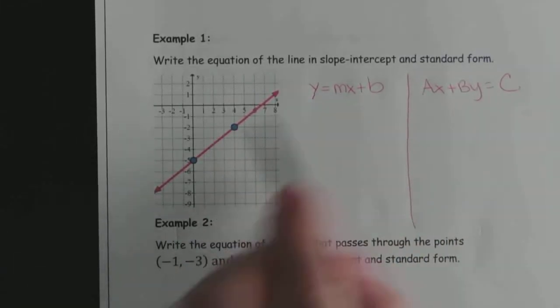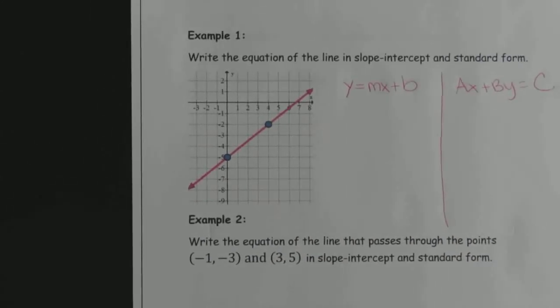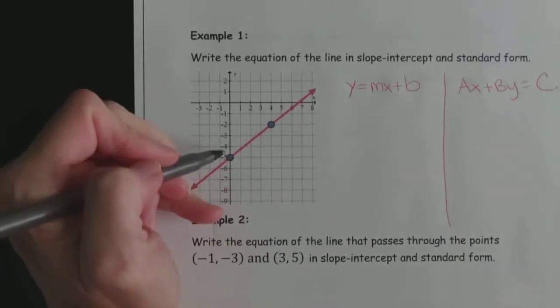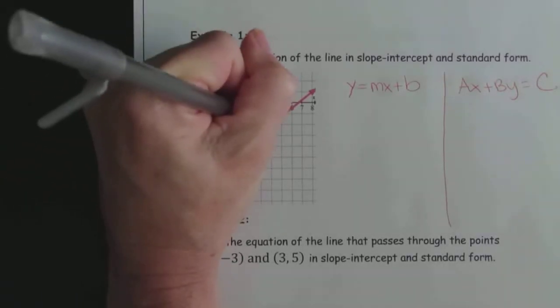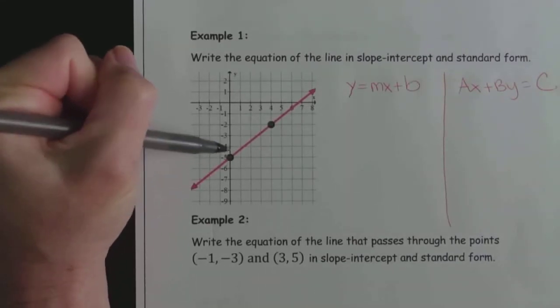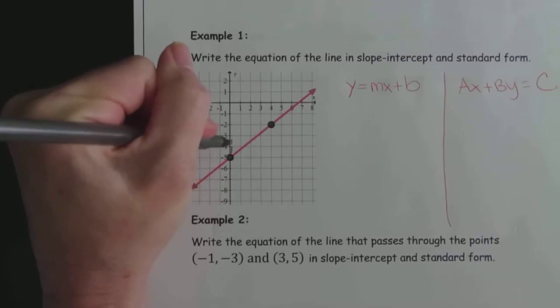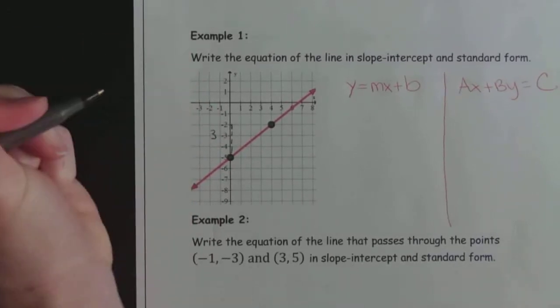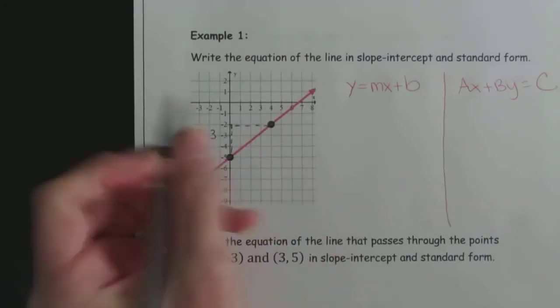Okay, so this is cool. When you're given a graph, I love when I'm given a graph because I can just see what I need right here. I can count my slope and I can see the y-intercept. So let's count the rise and the run for the slope. You ready? From the point here on the left over to the point on the right, I'm going to count. I go up 1, 2, 3.